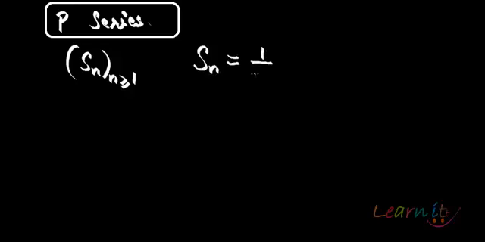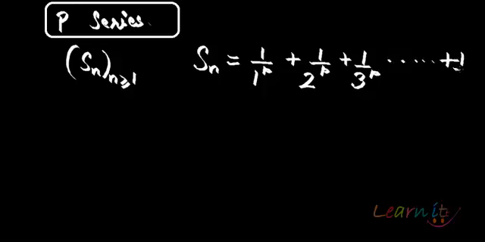Let's look at the P series. P series essentially would look something of this sort. Okay, now it will look like the sum of Sn, n greater than or equal to 1, where your Sn will be equal to 1 upon 1 to the power p plus 1 upon 2 to the power p plus 1 upon 3 to the power p, and so on and so forth till 1 upon n to the power p.